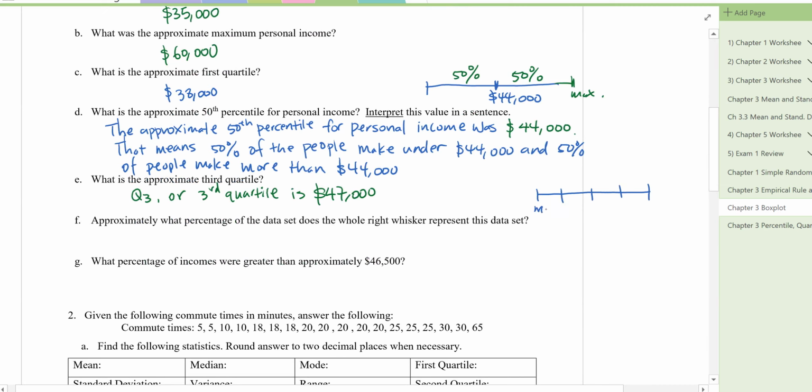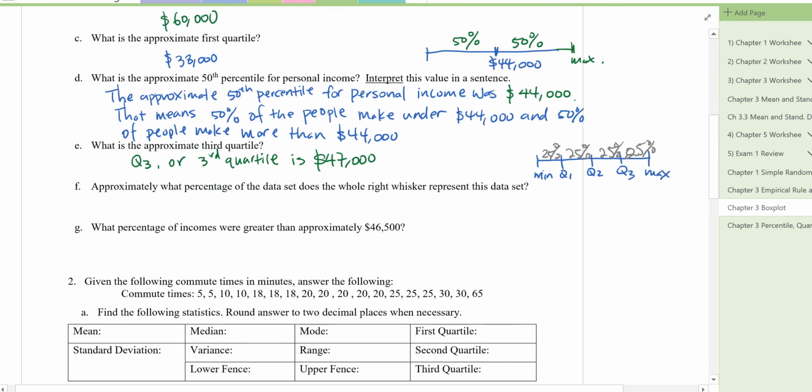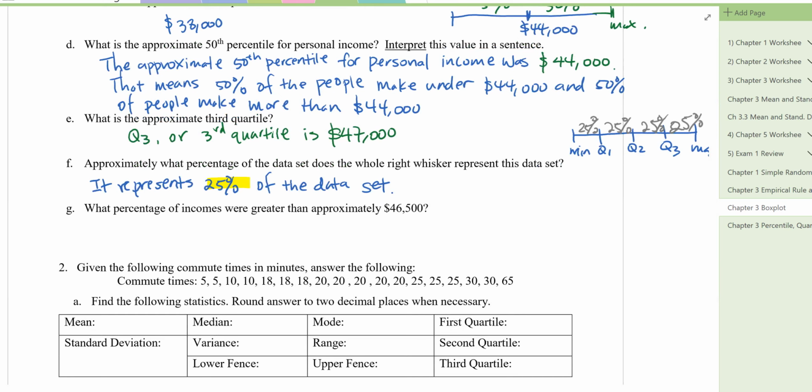This is the minimum, that's the maximum, and this is Q1, Q2, Q3. Each of those little areas here is 25%. So it doesn't matter how long the whisker is, it represents 25% of the data set, regardless of length.